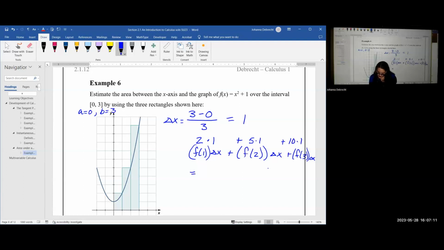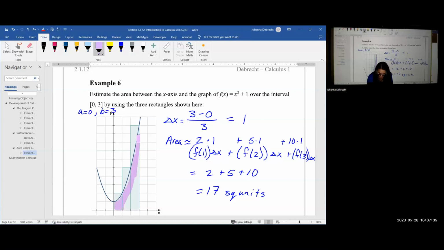And then I add these together, and the area under that curve is going to be approximated by 2 plus 5 plus 10, which is about 17 square units. Now, keep in mind that what I'm really finding is this area right here.